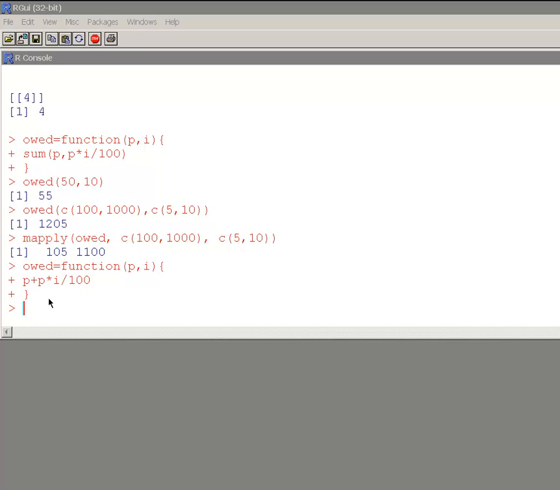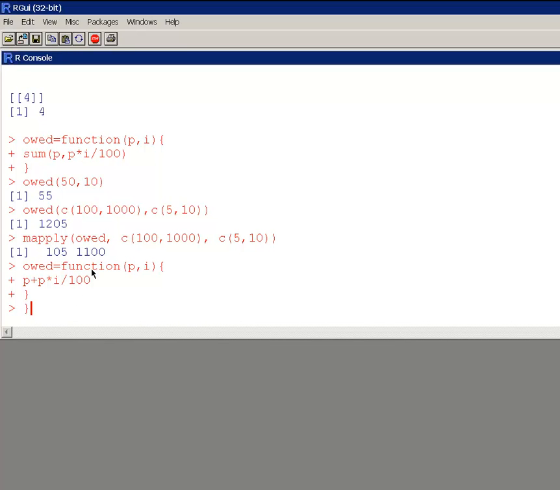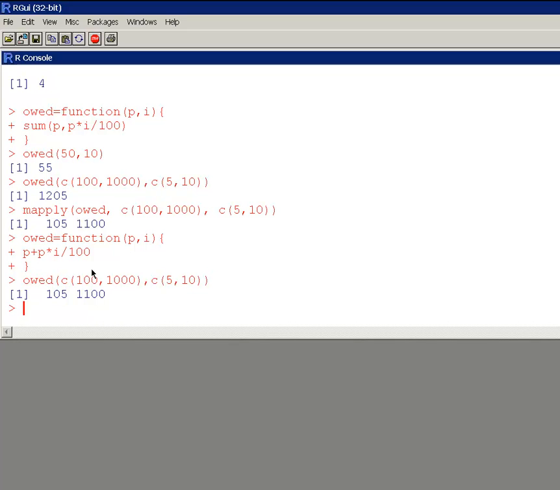So I tried it, and I was hoping that it wouldn't work and I would get something like this, but it did work. Let's see. If I do it now, I remember it didn't work when I used the word sum, but how about now? Okay, now I get the same thing as when I used the mapply.